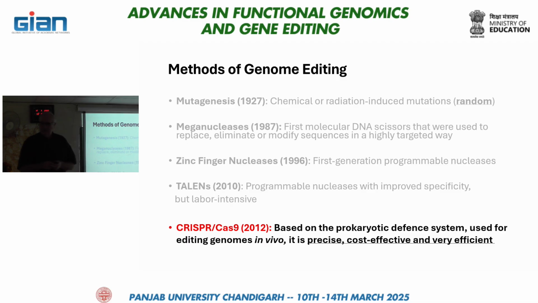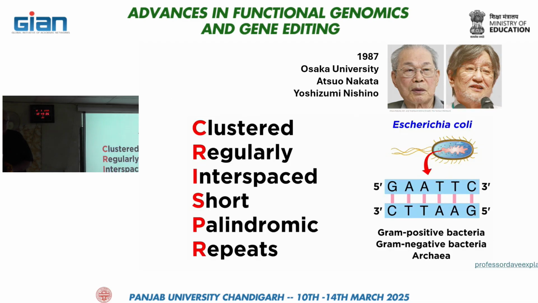So I think you know everything about CRISPR, but I just wanted to repeat some of the most important things. It was discovered by two Japanese scientists from Osaka University.